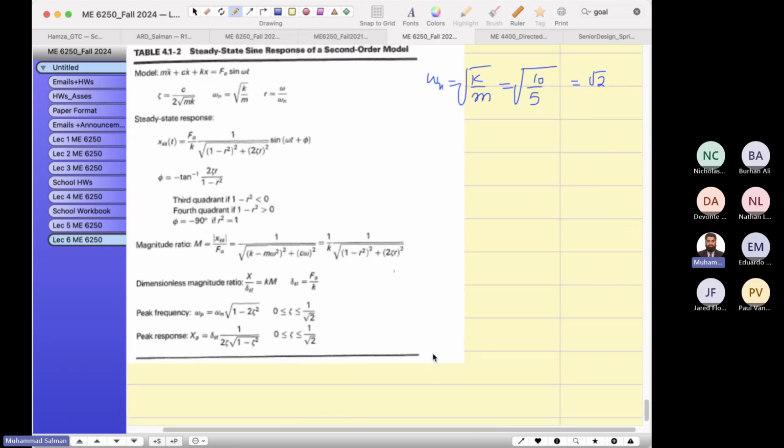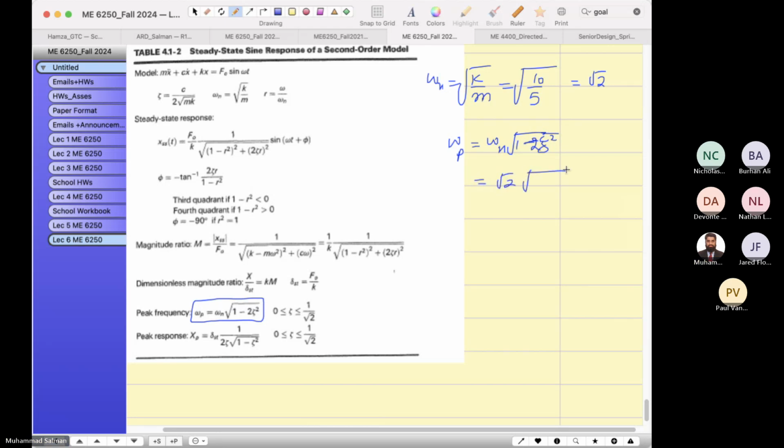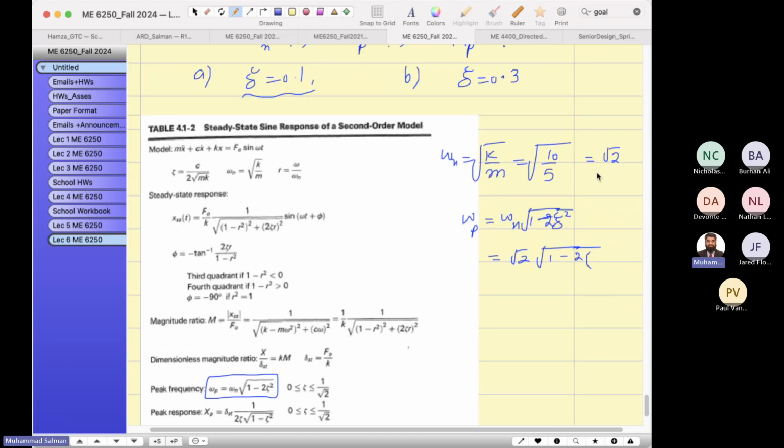And we know that this omega p is the peak frequency at which the maximum amplitude is occurring. It is a little bit smaller than the resonance frequency. This is 0.1.